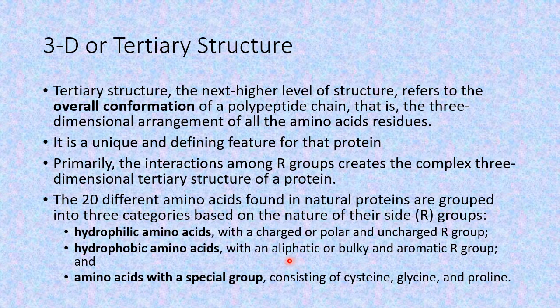Then there may be the aliphatic or the bulky and aromatic R groups. They are referred to as the hydrophobic amino acids. And there are certain special groups also, like in the amino acids cysteine, glycine, and proline.